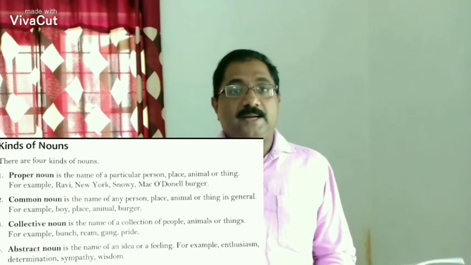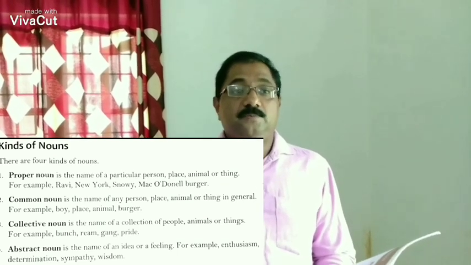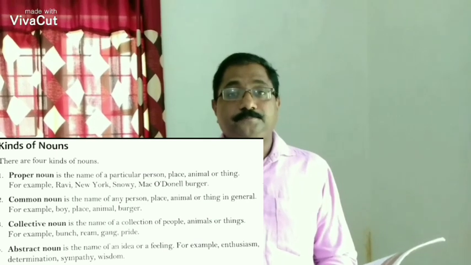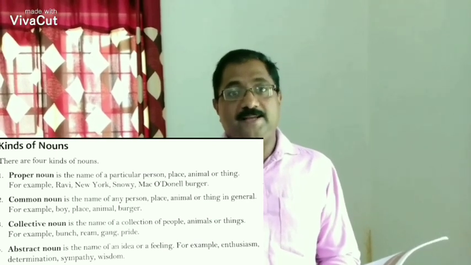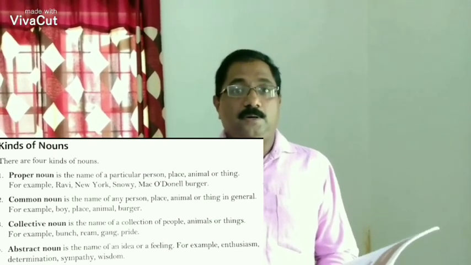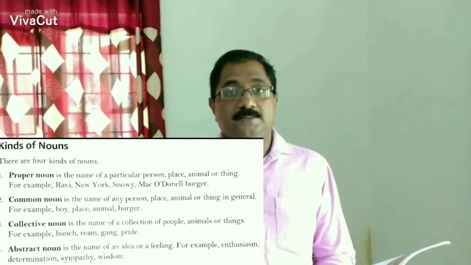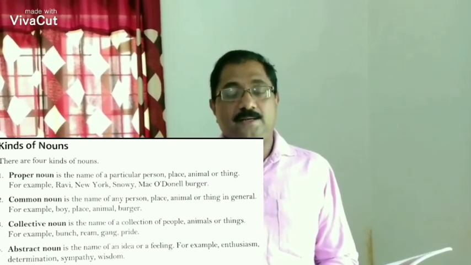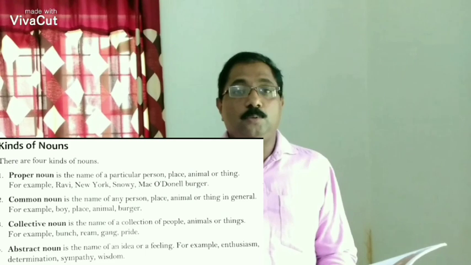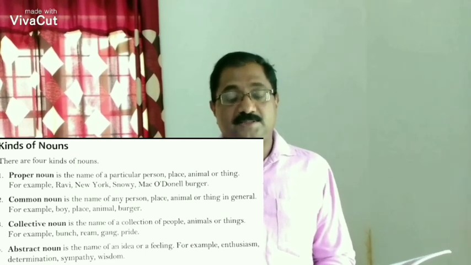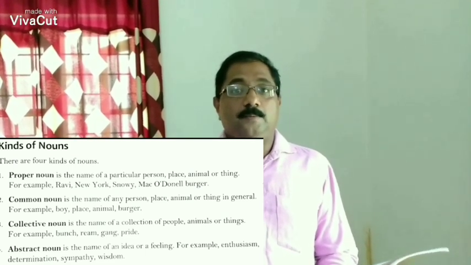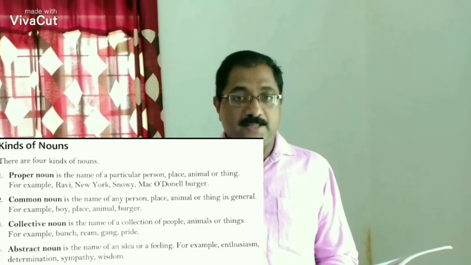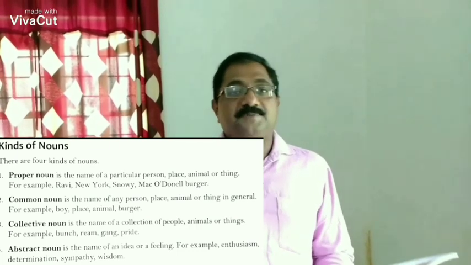Okay. The next one, collective noun. Collective nouns means we are talking about a group of things, like a herd of animals, a flock of sheep, like that. When we are talking about a group of things or animals or persons, they are called collective nouns.